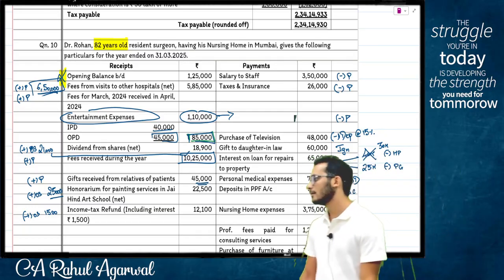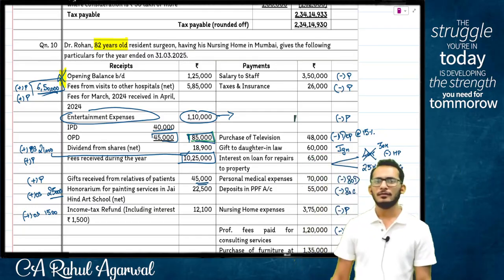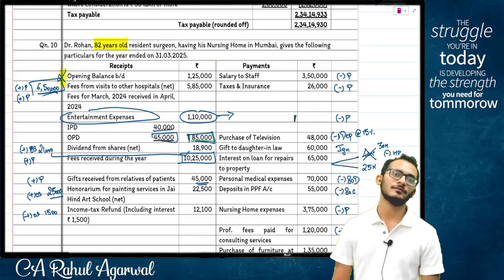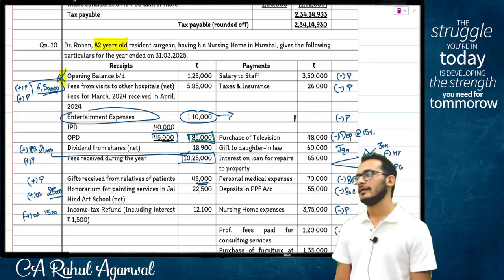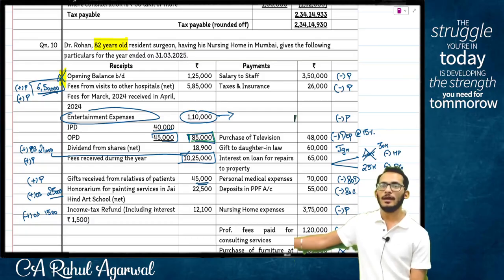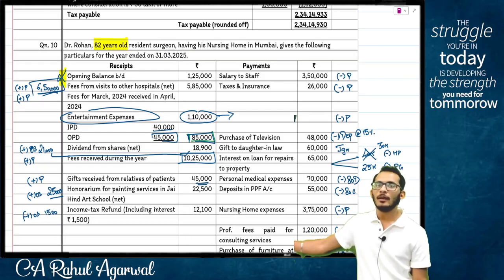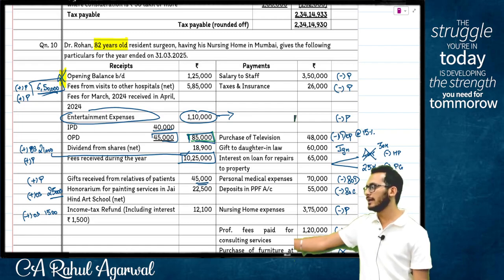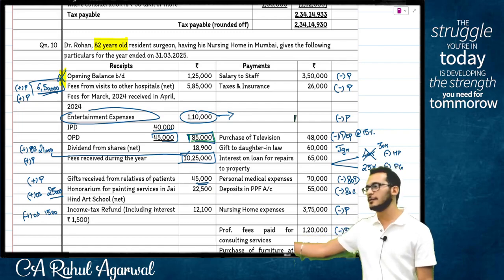Therefore, total is 8 lakh 15,000. This heading is called total income after considering presumptive provisions, or you can say 44 ADA. You can call it as total income as per 44 ADA.